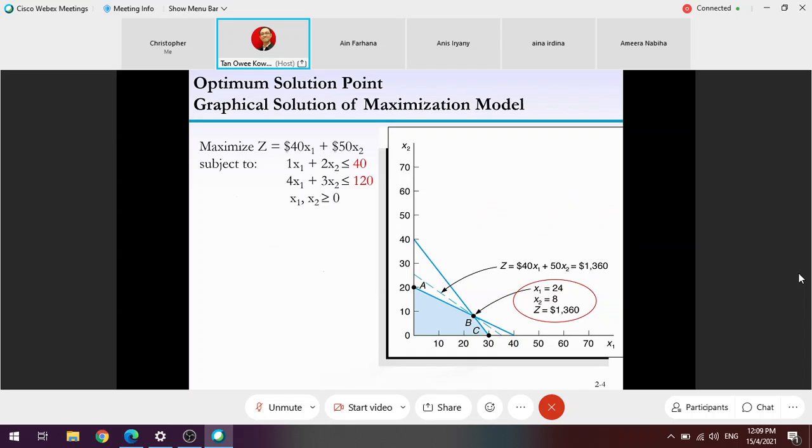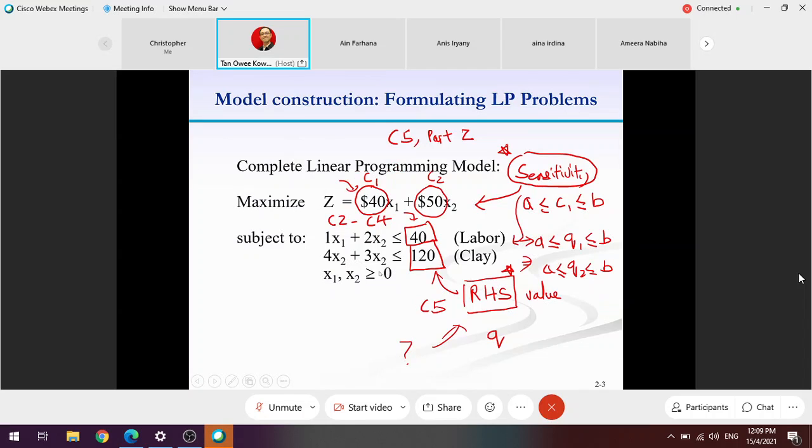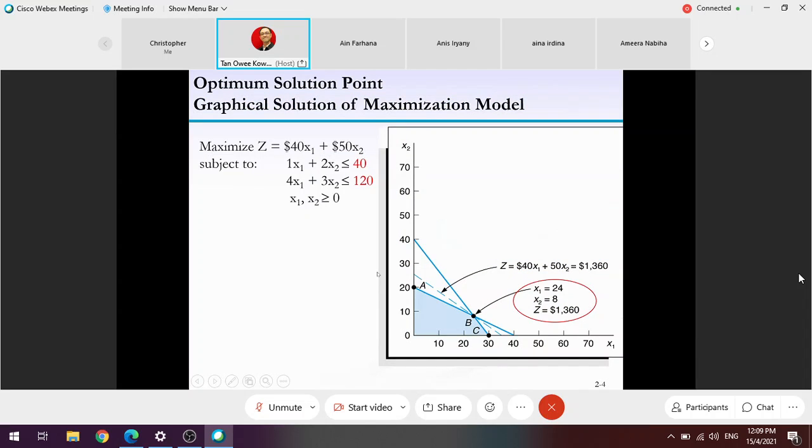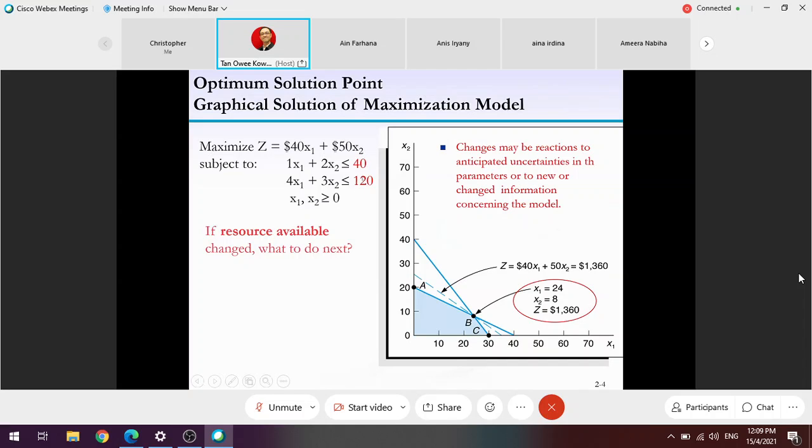Okay, so what I discuss on this slide is actually on the following slide. For example, this slide tries to tell you that in fact not only selling price can change, resources could change. So you should expect in real life, in the setting of industry, resources also will change, not only selling price.